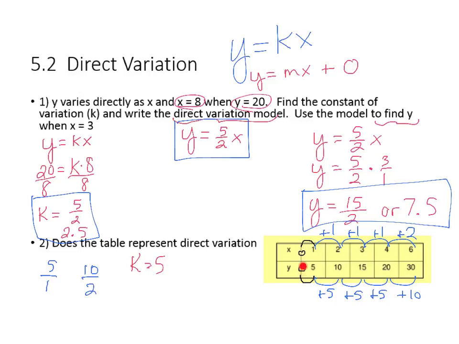I want 0, 0 to be a point because that'll give me a y-intercept of 0. So to answer the question, does it represent direct variation? Yes, it had a constant rate of change and it crosses through 0, 0. And if I had to write the equation, it would just be y equals 5x. My k value is my slope. Okay, pause the video and you do the next slide by yourself.